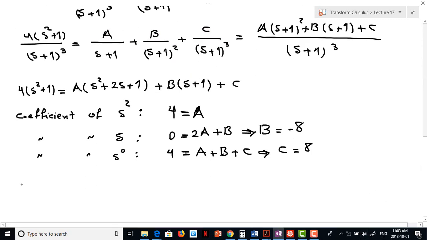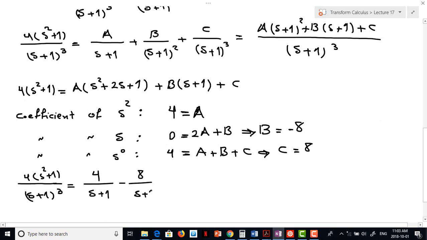So for 4 times (s squared plus 1) over (s plus 1) to the power of 3, it's equal to A, which is 4 over (s plus 1), minus 8 over (s plus 1) squared, plus 8 over (s plus 1) cubed.